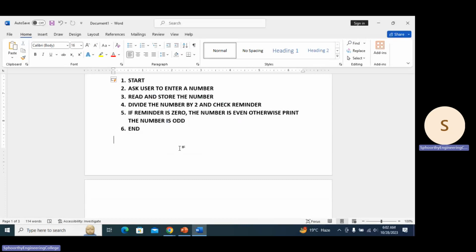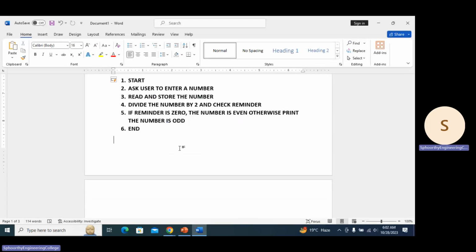Now here, the important observation is you are going to write these steps using simple English, which means the algorithm remains the same for this particular problem irrespective of the programming language which you are using. For example, if I want to write code in C language, this algorithm should be converted into a C program using the programming elements of C language.